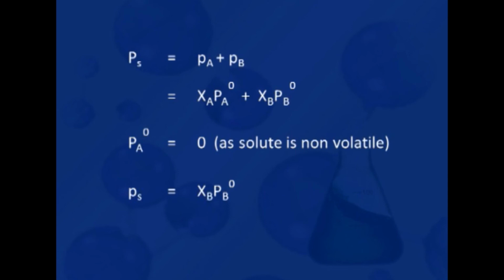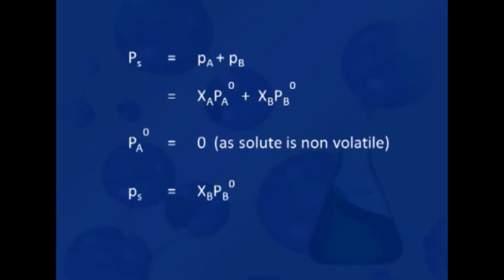As XA plus XB is equal to 1, meaning mole fraction of solute plus mole fraction of solvent is equal to 1, you can take XB is equal to 1 minus XA and put this value in place of XB.